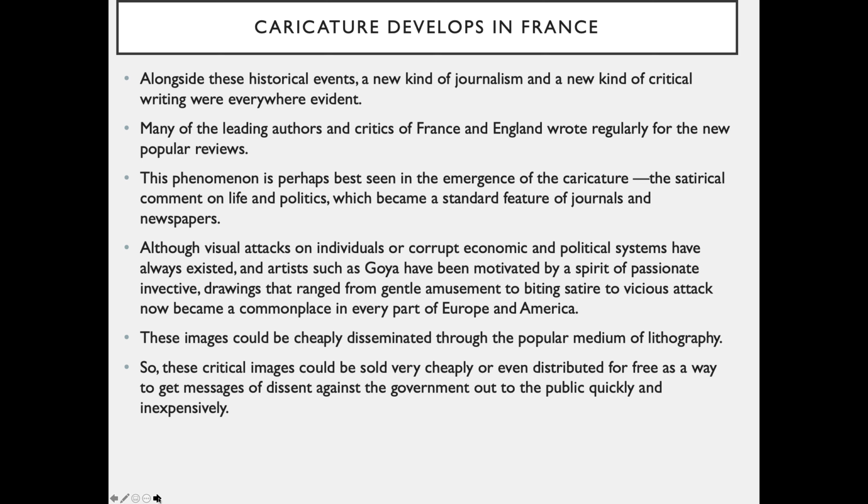These critical images could be sold very cheaply and even distributed for free as a way to get messages of dissent against the government out to the public quickly and inexpensively. You could give these things away at political rallies. And how do we do this today? Well, we don't even have to print things today. We use Twitter, Instagram, or maybe even other social media outlets.